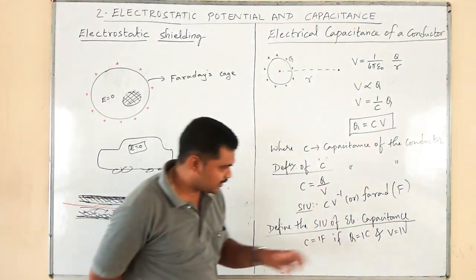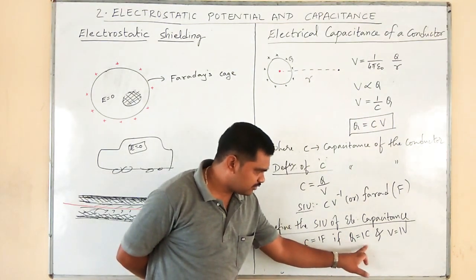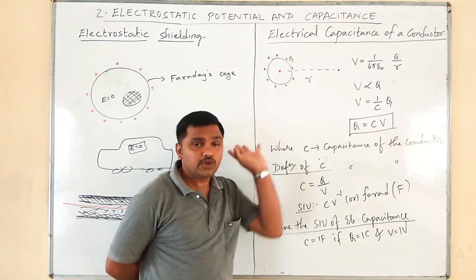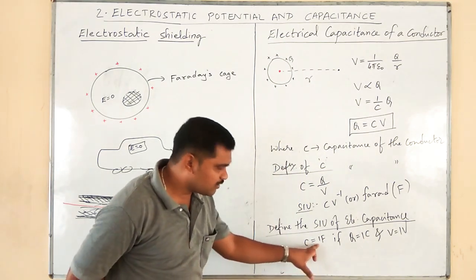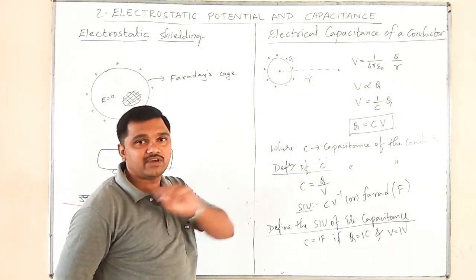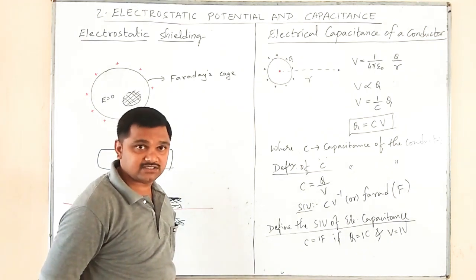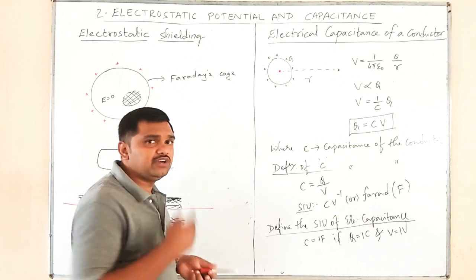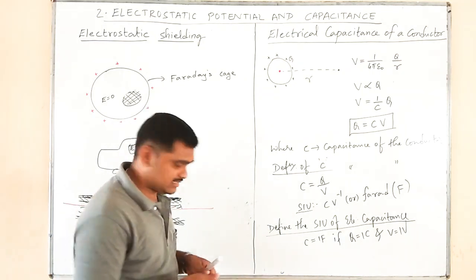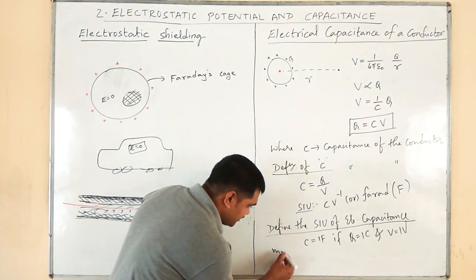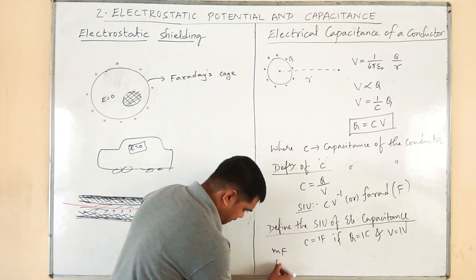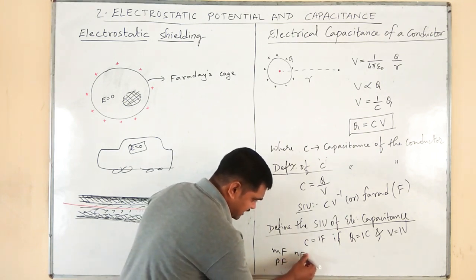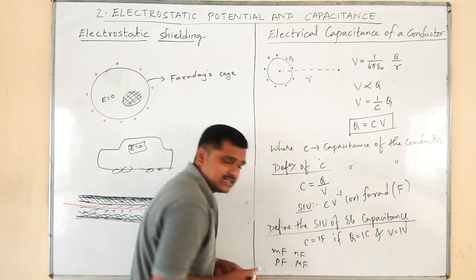Therefore, since Q equal to 1 coulomb is a very huge charge, C equal to 1 farad is also a very huge capacitance. So in practice, we always use the smaller units of farad, like millifarad, picofarad, nanofarad, microfarad.